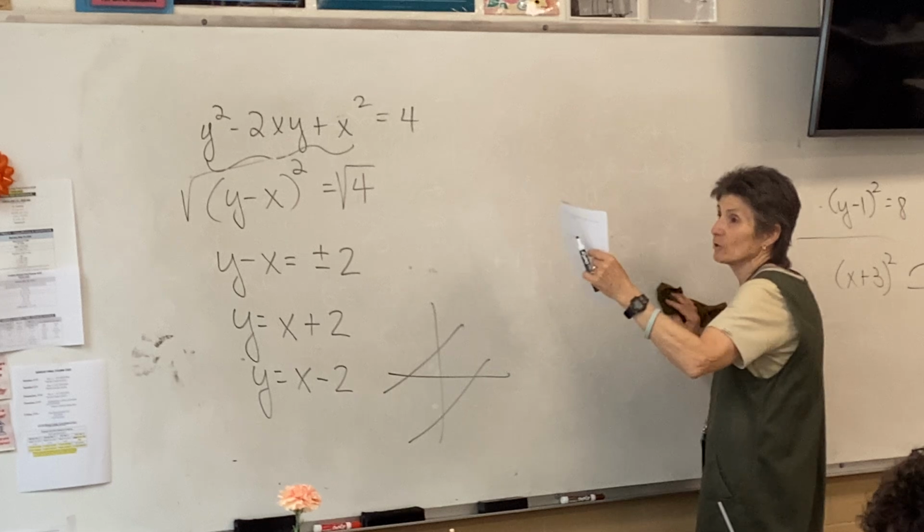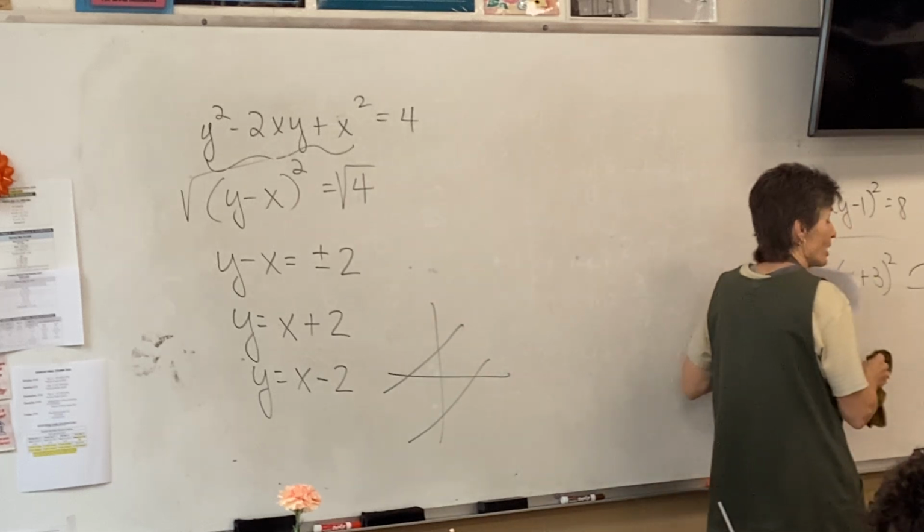By the way, equation B has a name. It's called a degenerate conic.